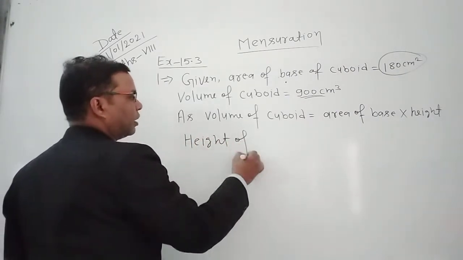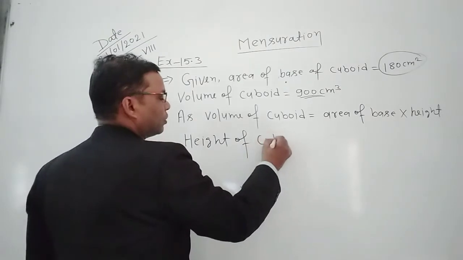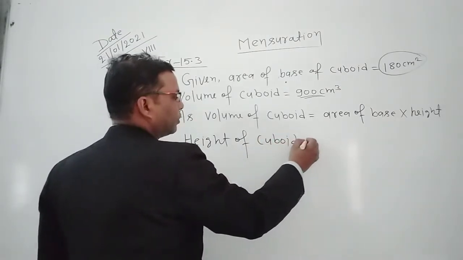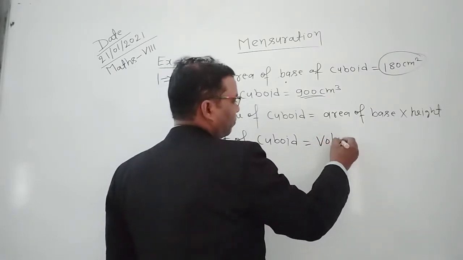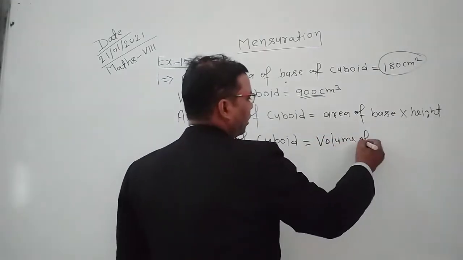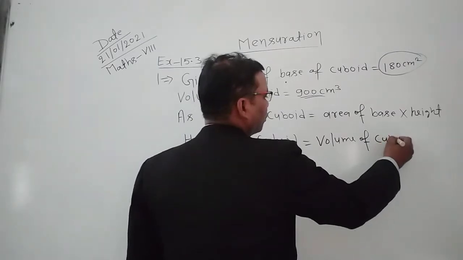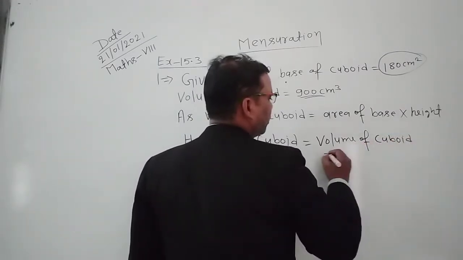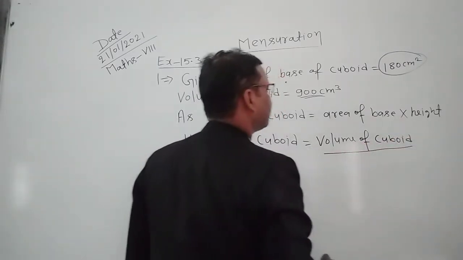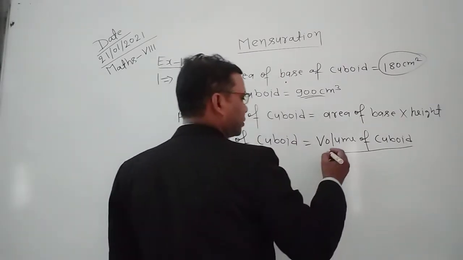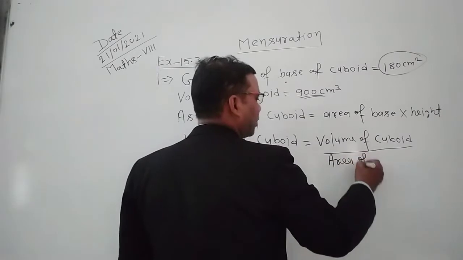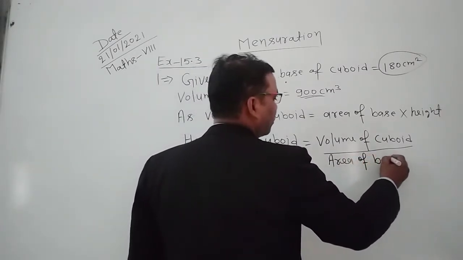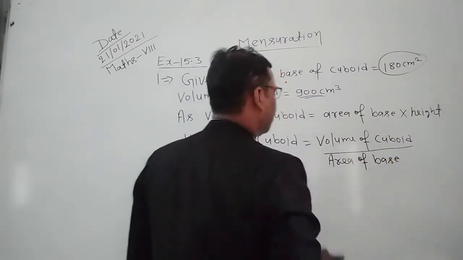Height of cuboid is equal to volume of cuboid divided by area of base of cuboid.